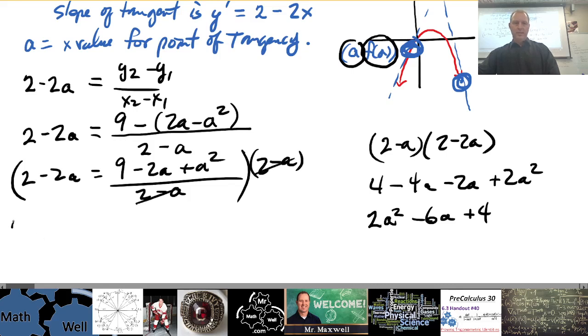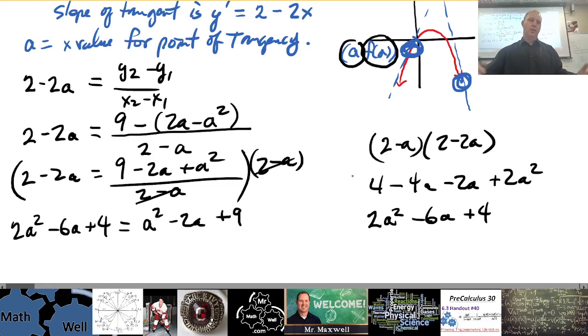So I've got 2a squared minus 6a plus 4 on the left. And I've got, and I'm going to rewrite it just in reverse order here, a squared minus 2a plus 9 on the right, sorry. So you can kind of see, all right, I can gather some like terms. This is going to be a quadratic, right?